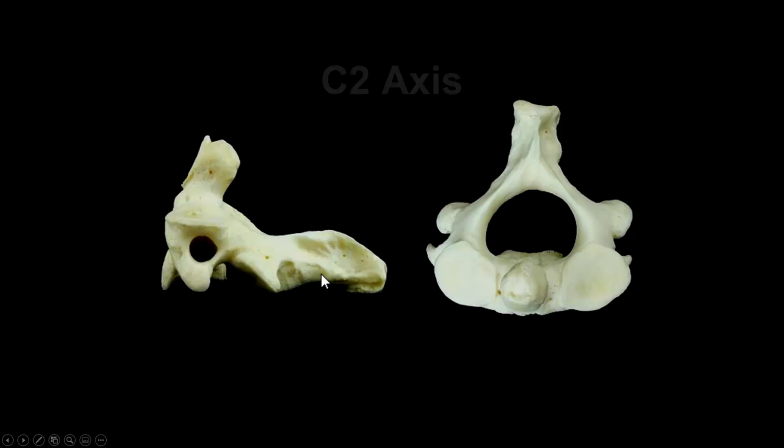This is going to be C2. Again, you see the transverse process. Here's a hole going through the transverse process. So this is the transverse foramen. Other structures that we see here, we have the superior articular facets. This nubby thing here and here are the dens.